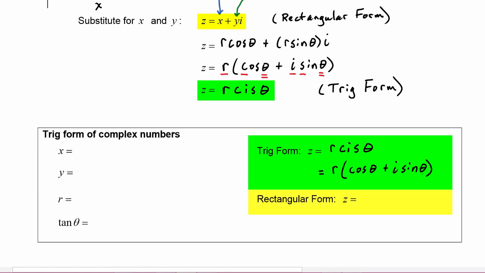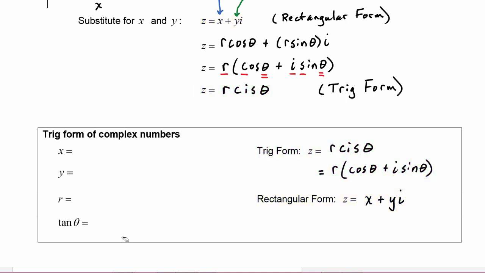The rectangular form is z is equal to x plus y times i. Now we can go back and forth between trig form and rectangular form by using conversion factors here. Remember, we got to trig form by substituting in for the x r cosine theta, and substituting in for y r sine theta.